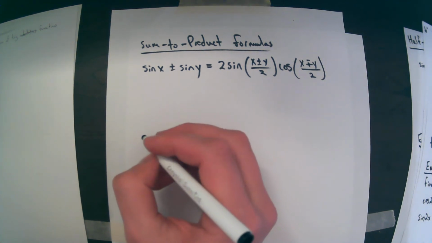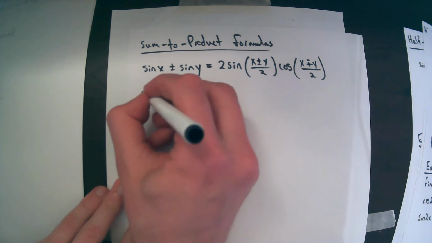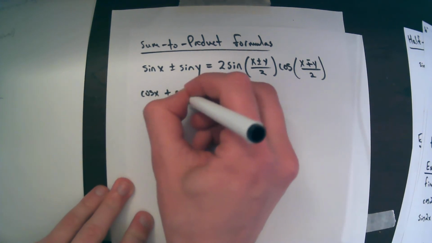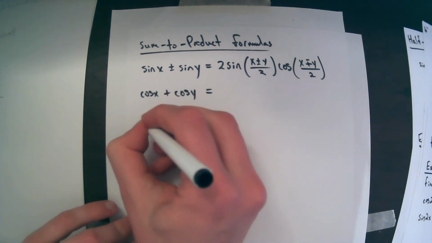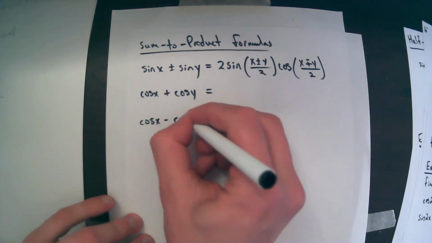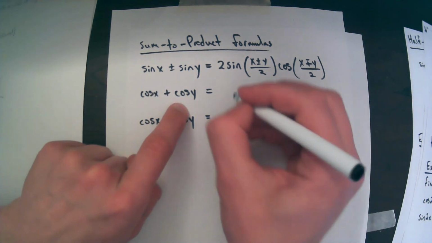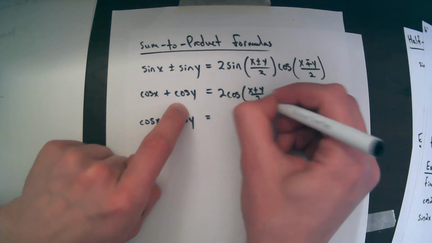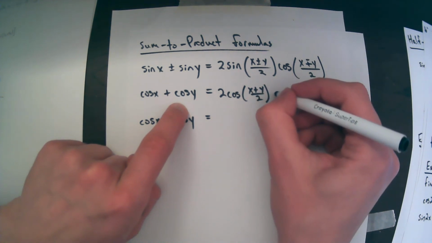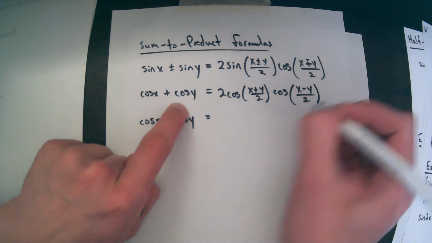And then we've got two different setups for cosine. So we need to split them into two different ones. For cosine x plus cosine y, we've got 2 times cosine of (x plus y) all over 2 times cosine of (x minus y) all over 2.